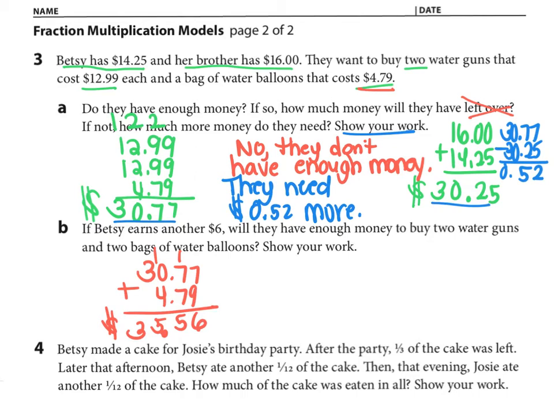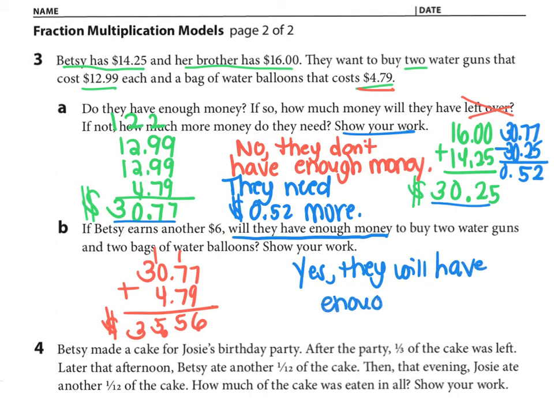So the answer to the question, will they have enough money? Yes, they will have enough money. Let's go to, whoops, that was a funky Y. Let's try that one more time.